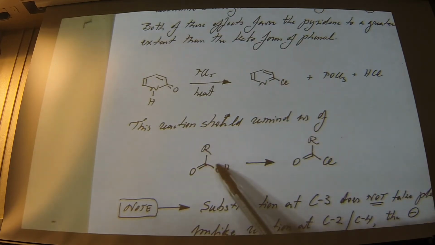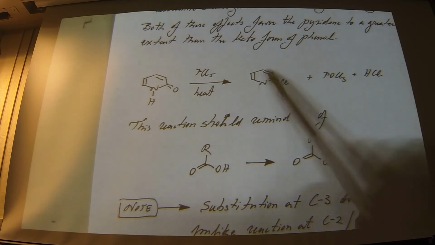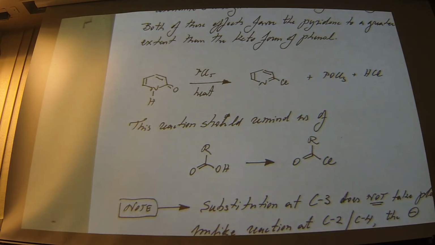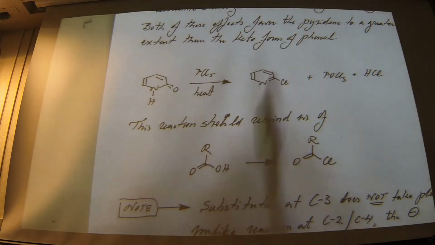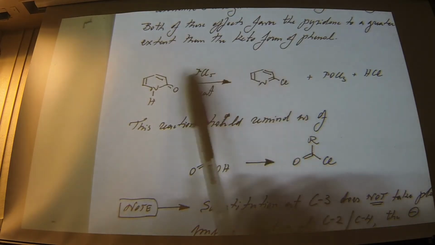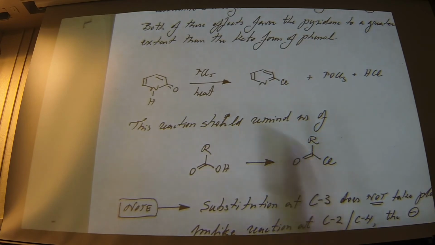It's going to look sort of like that, and so you can see the analogy between the chemistry that we learned for converting a carboxylic acid to carboxylic acid chloride, and this chemistry converting pyridone, or if you prefer 2-hydroxypyridine, to the 2-chloropyridine. So the same kinds of reagents that are used for this chemistry can be used for this chemistry.